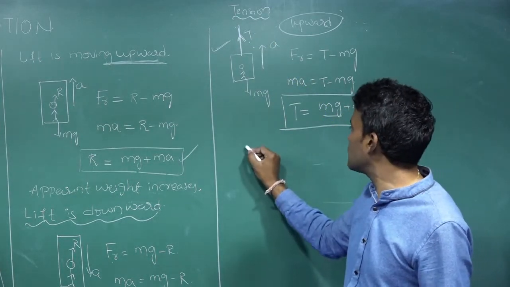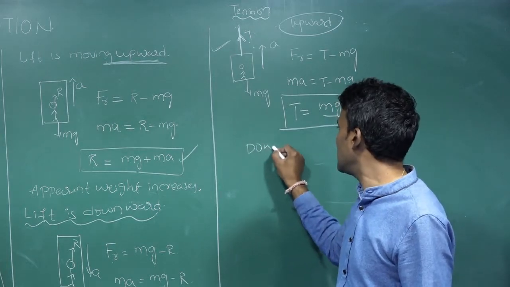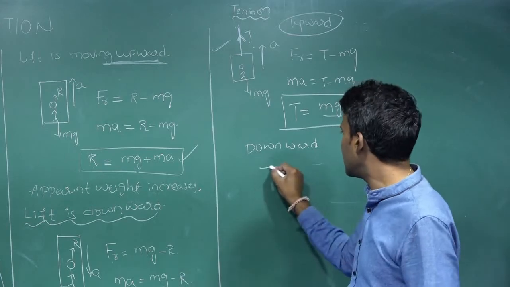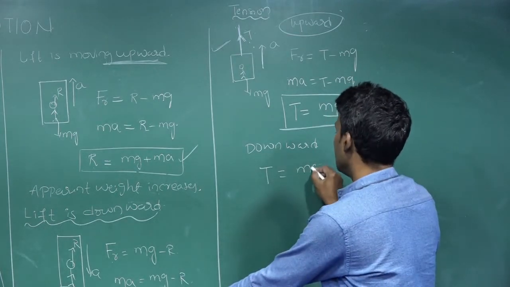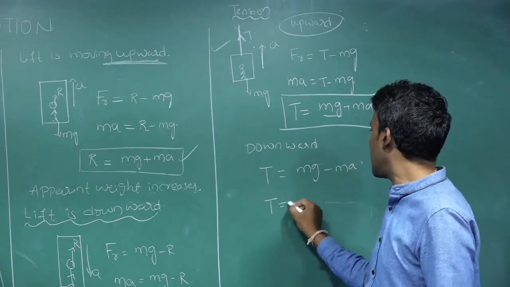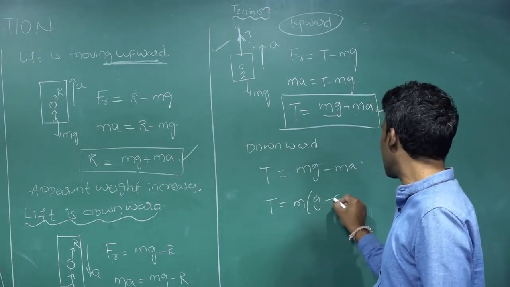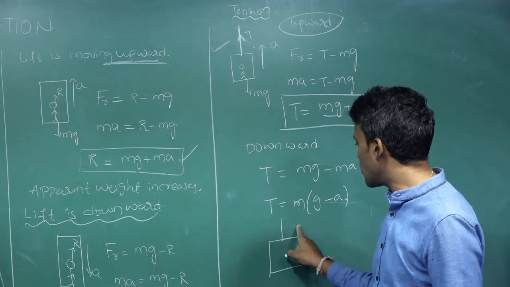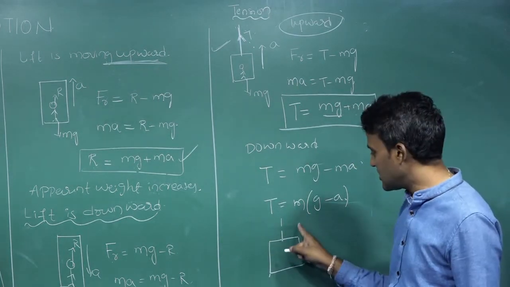And when the lift is moving downward, the same formula applies here also. We can write T is equal to mg minus ma, and if you take m common, m into g minus a. For example, someone disconnected the rope wire.